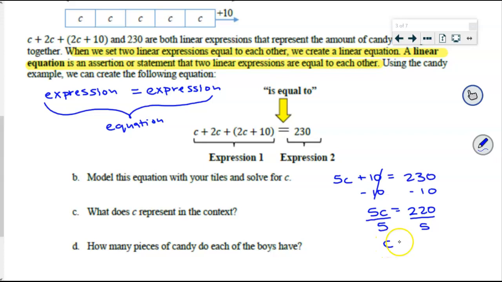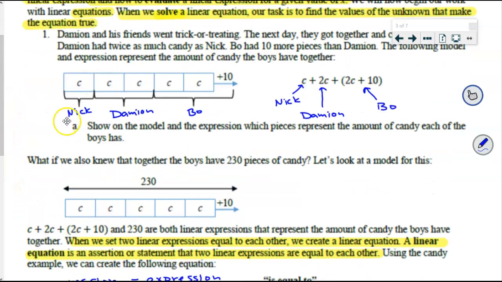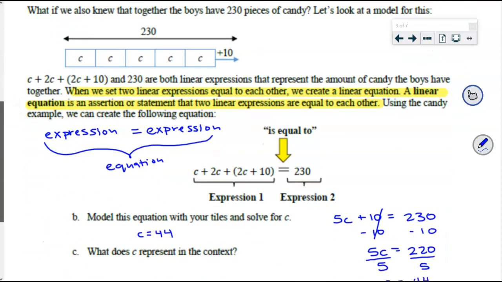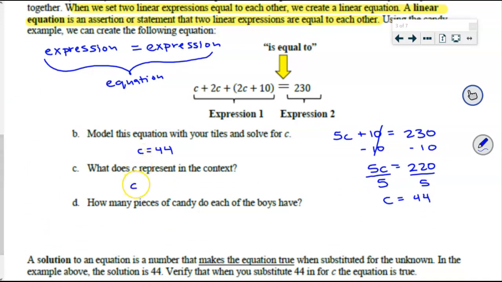And we have C is equal to 220 divided by 5. You all have calculators. And you get what, Birdie? Very good. So C is equal to 44. But let's go back. What does C represent in this context? The answer is already up here. What does that C represent? How much candy Nick has, exactly. So C is how much candy Nick has.